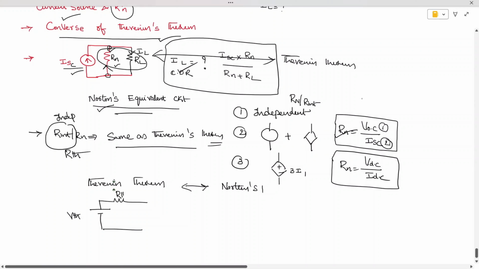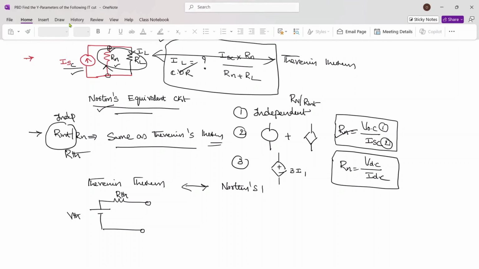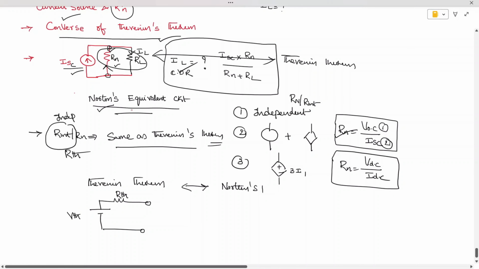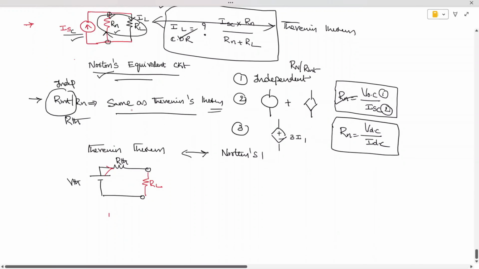This we call Thevenin's resistance, and replace it with a load. The load resistance may be given to you, so just replace the load resistance RL. Here I can find the current directly by IL equals V Thevenin divided by R Thevenin plus RL.